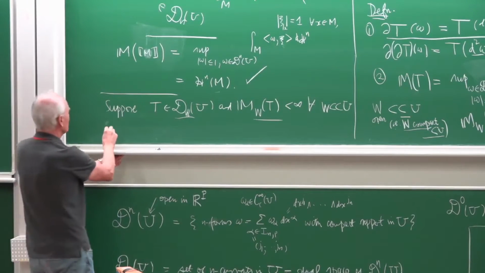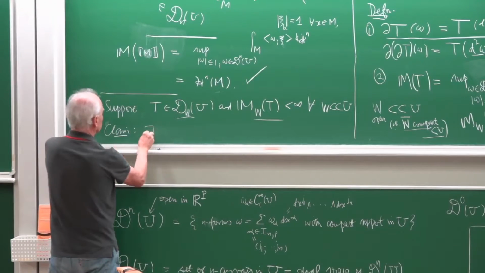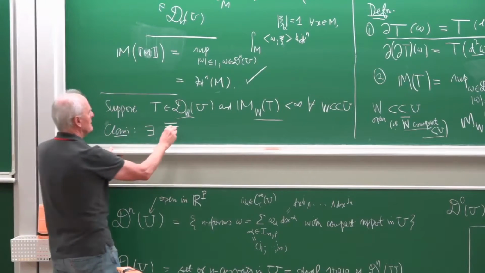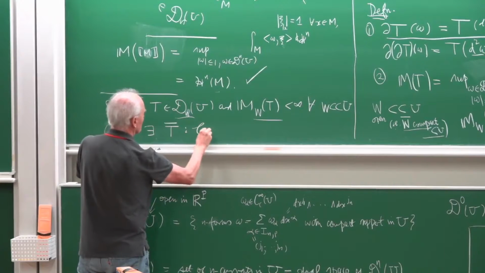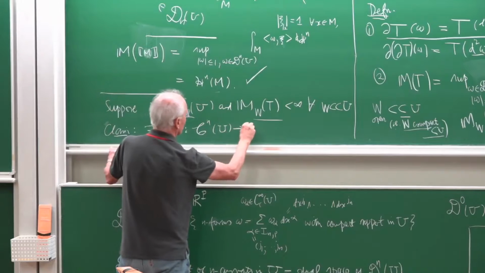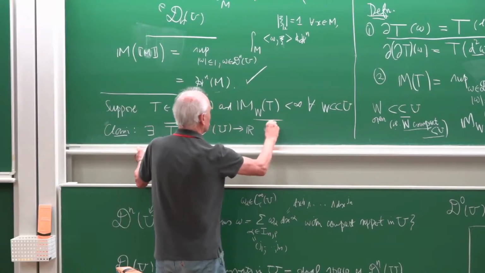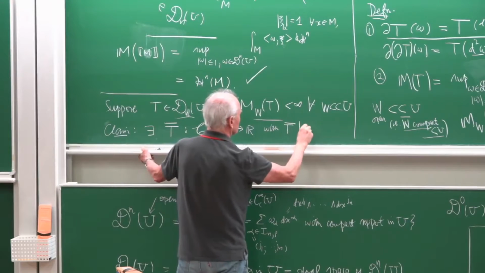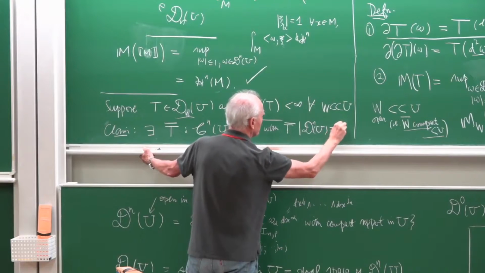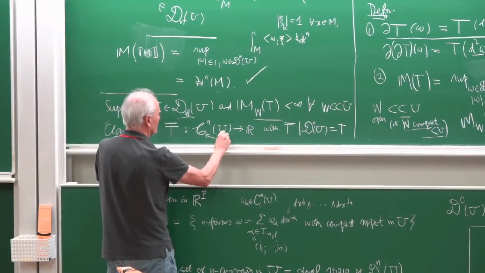The claim is there exists a T bar which extends T to the space of all, let's call it C^n_c(U), into R, with T bar restricted to D^n(U) giving you back the original T. And this is the space of continuous forms with compact support.